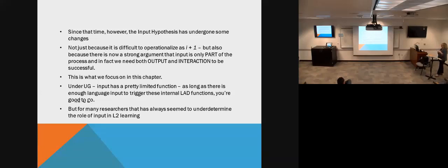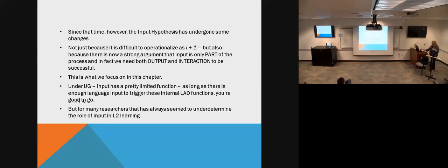We're going to start with input, and under UG, input has a pretty limited function. If you're a first language speaker, you just have to have enough input to trigger the LAD, and that will start all these nativist functions going, and you learn your language. But for many people, this has seemed like an under-determining of what the input might do for L2.